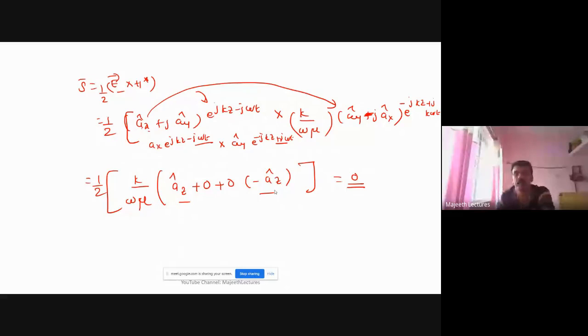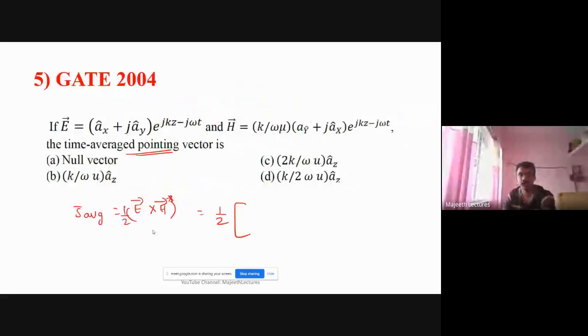That's what we have to understand. Here you don't change this, you have to change the sign in the e power j only. The cross product ay cross ax is minus az, so the answer is 0, a null vector. So whenever you take the complex conjugate of H, this one you keep, this one you will change.